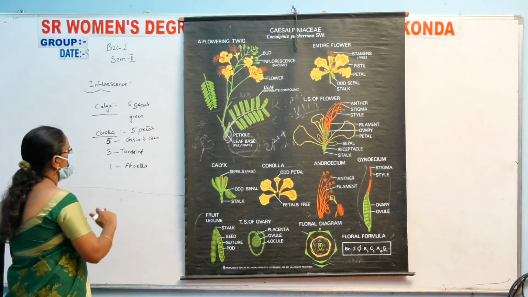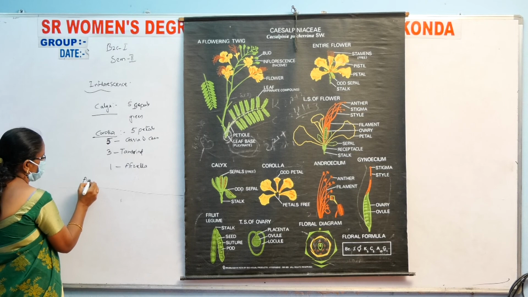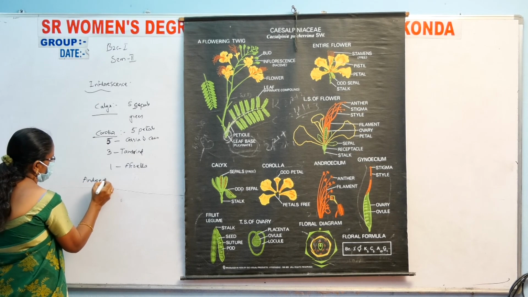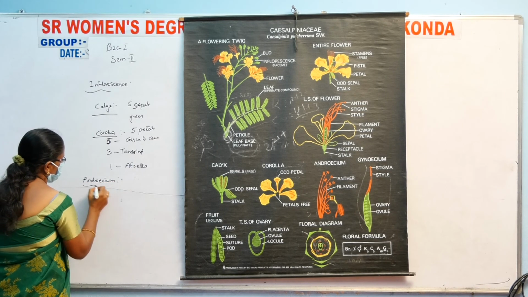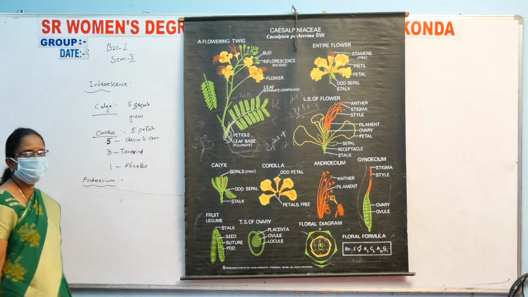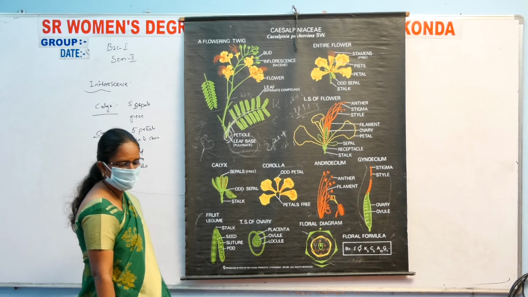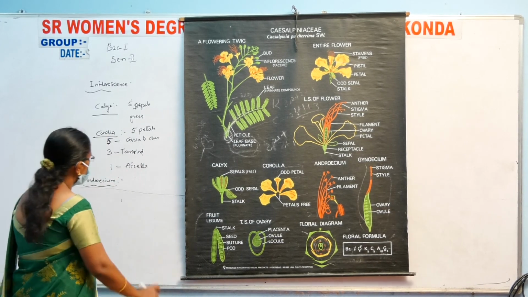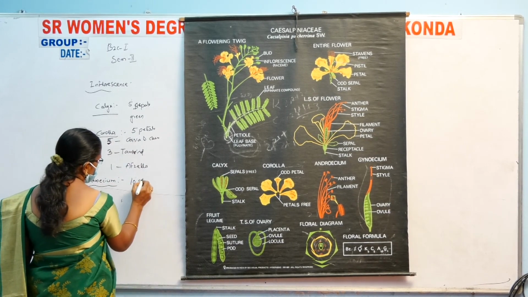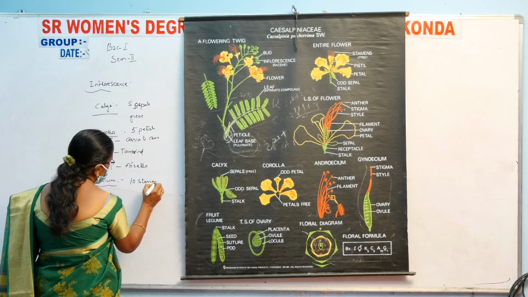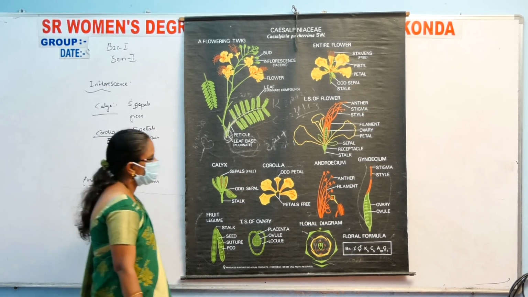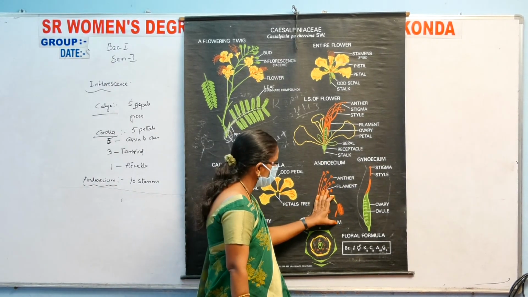And the next side heading is androecium. Androecium of the Caesalpiniaceae family flowers. The androecium consists of 10 stamens. For example, these are the stamens.